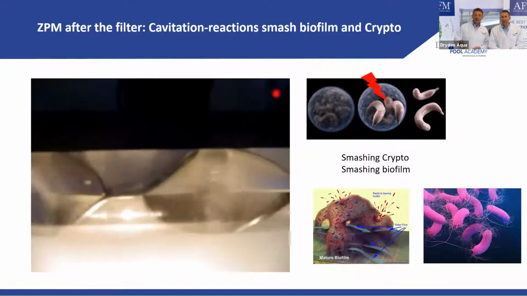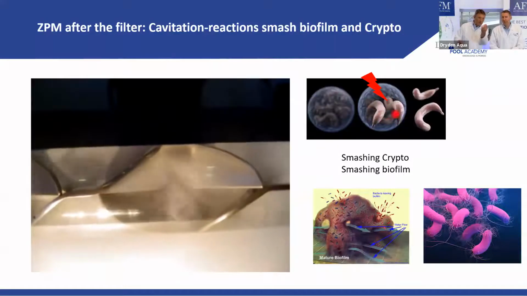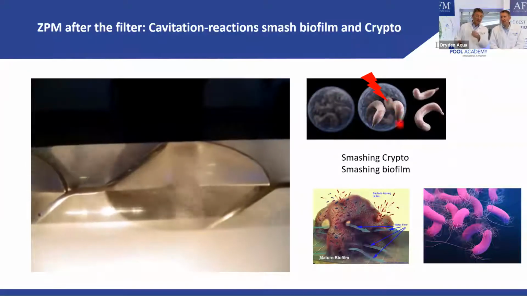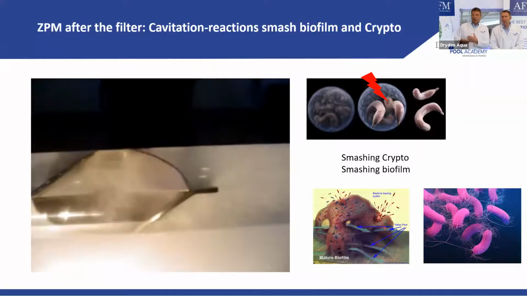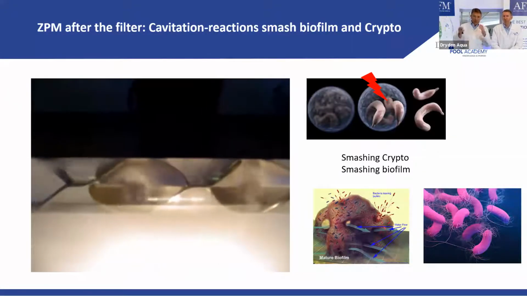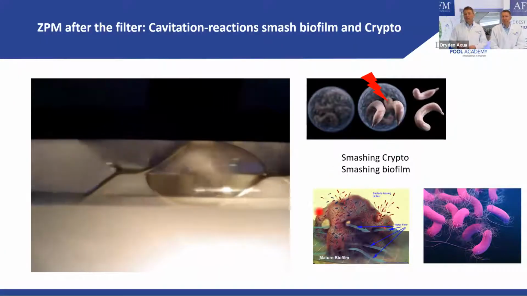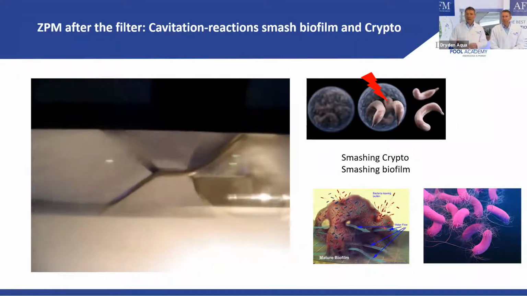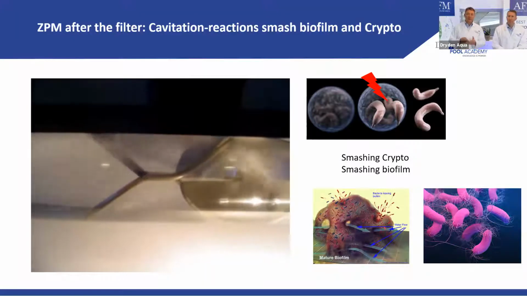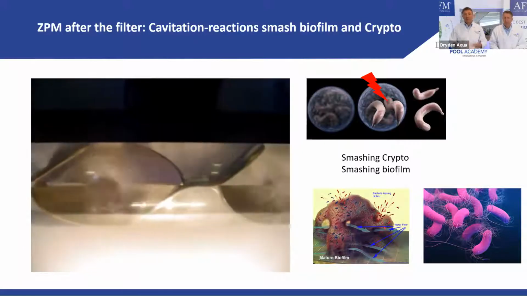As long as the crypto shell is intact, it is highly resistant against chlorine, but if you break the shell, it's not anymore. Or this biofilm will be highly resistant against chlorination, but if you break it into individual planktonic Pseudomonas, you can easily kill them.